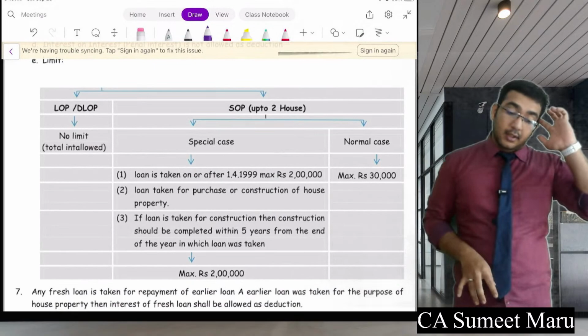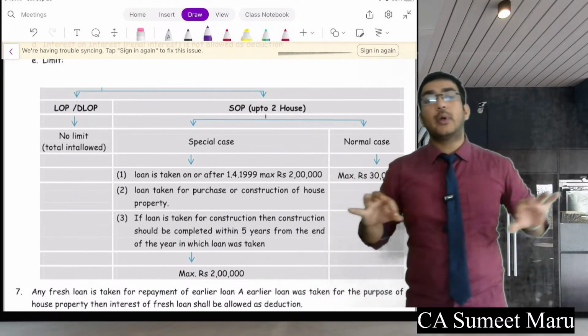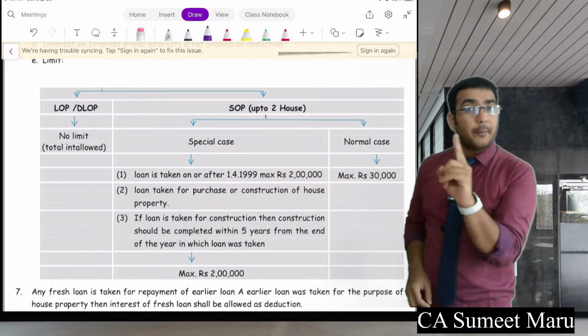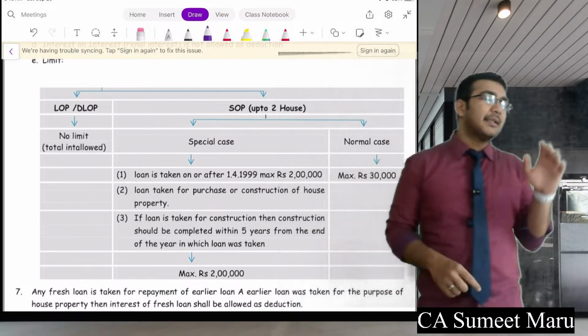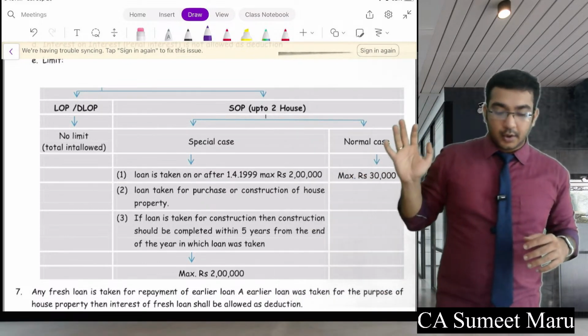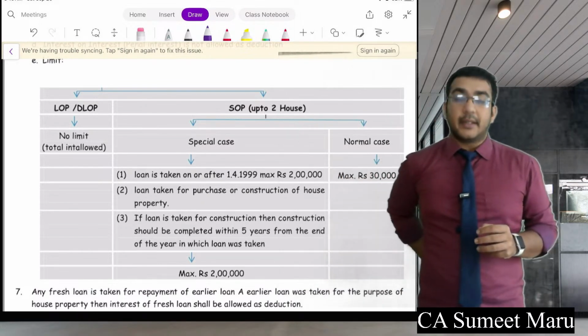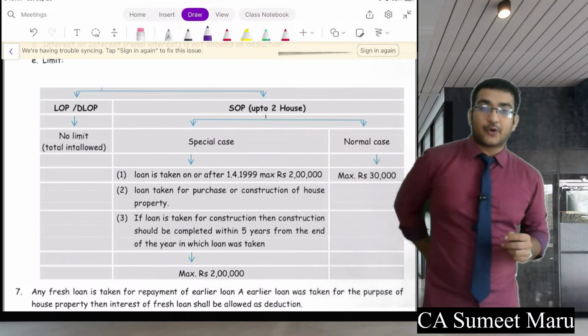Now here, if your house is let out or deemed to be let out, there is no limit on interest on borrowed capital. Whatever the amount, interest, not principal, on this borrowed capital will be deductible. Further, in case of SOP, self-occupied property, you will check when your property is occupied.